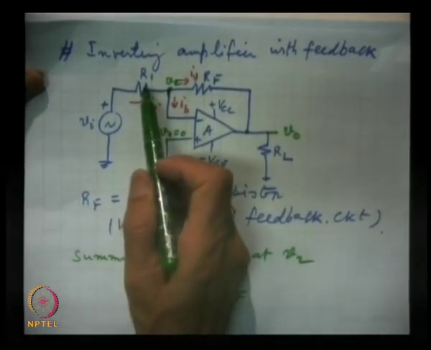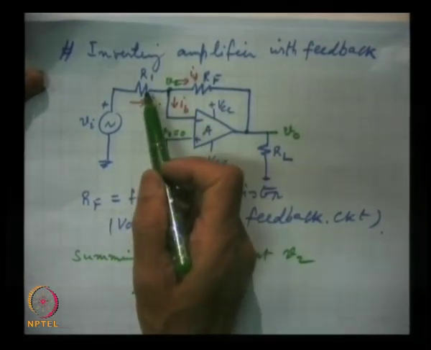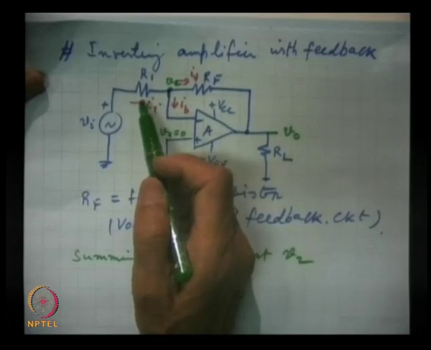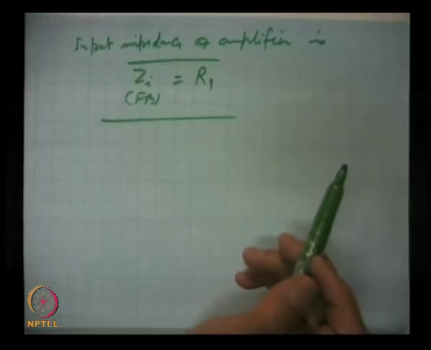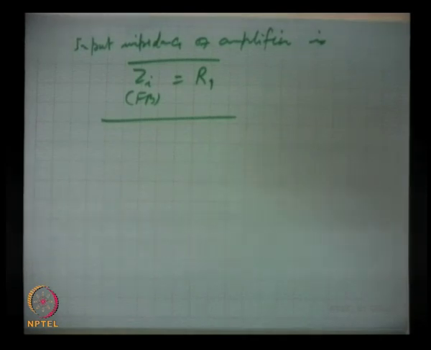And 5K R1 will give input impedance of 5K and gain of 20. Very simple design, and that is one reason for the popularity of the op-amp.